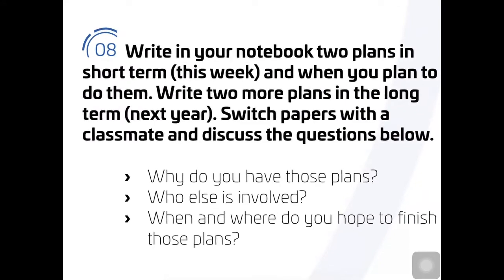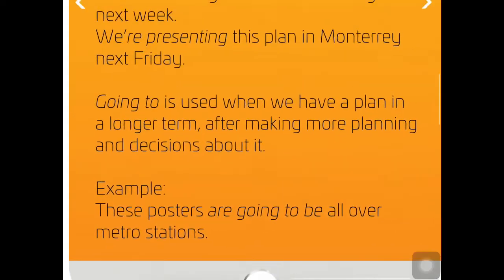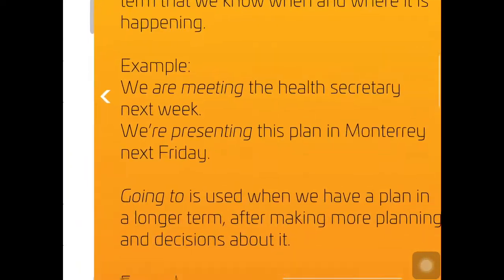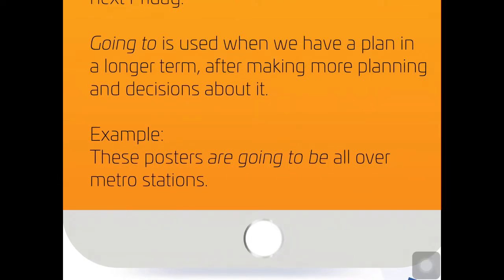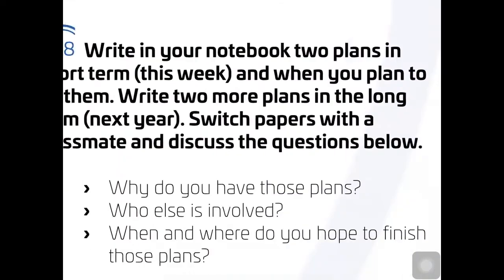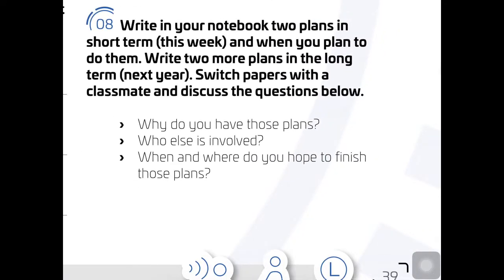Write 2 more plans in the long term for the next year, and these now have to be done with the going to. Going to is for a longer term. Very good. Write 2 more plans in the long term. Okay, this is the going to.